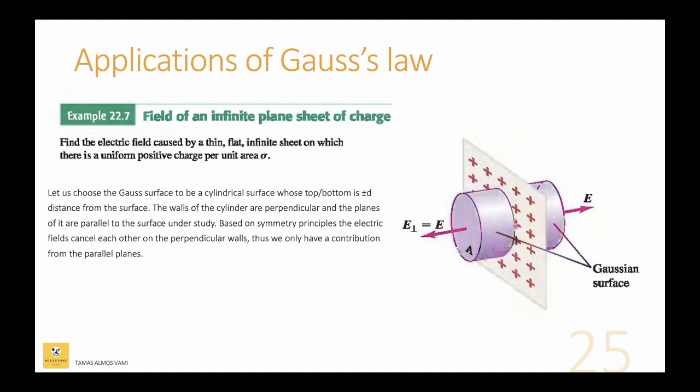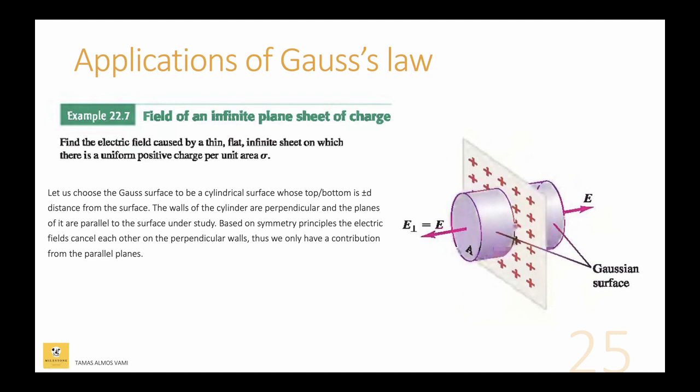So the electric field created by those will actually cancel each other, and so the only electric field that stays is what's in the middle of this plane, and that's where we have this Gaussian cylindrical surface here. And we should also say that this surface has a plus minus d distance from the middle of the sheet.